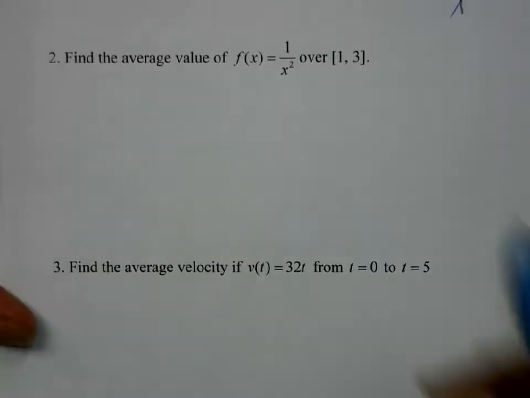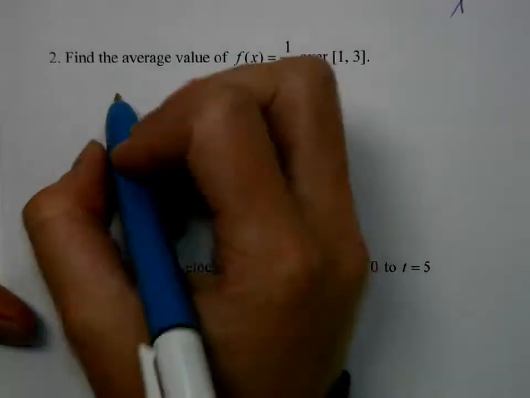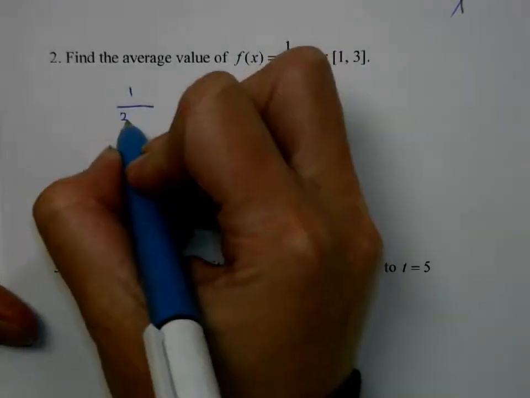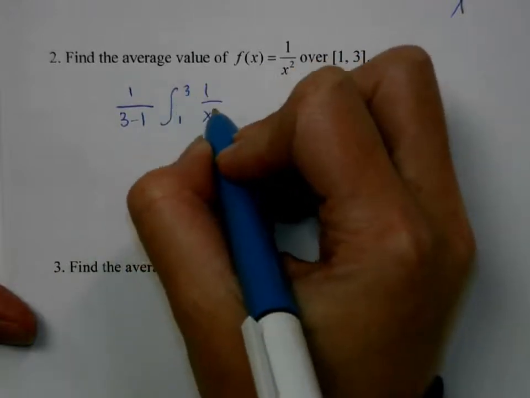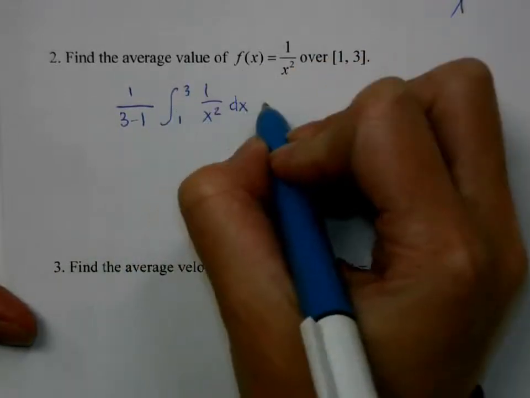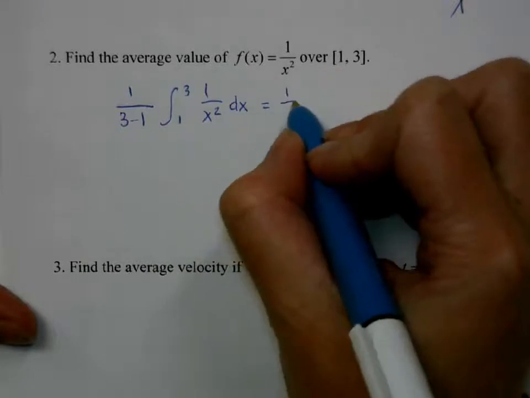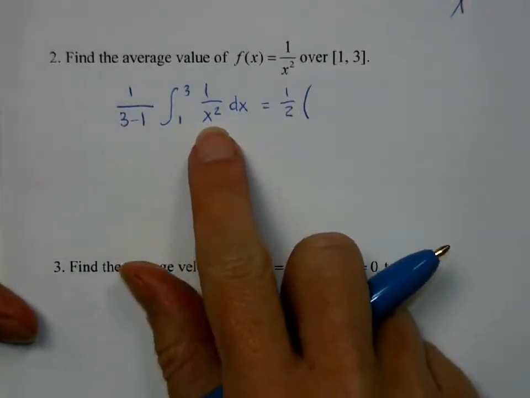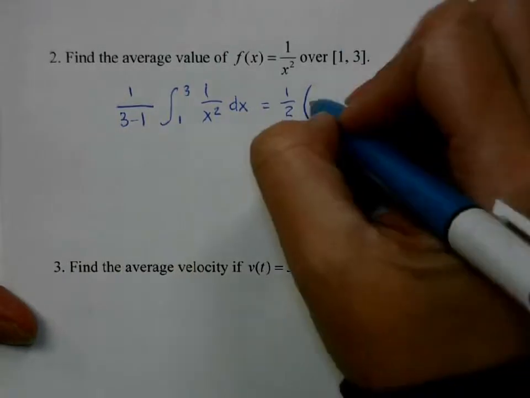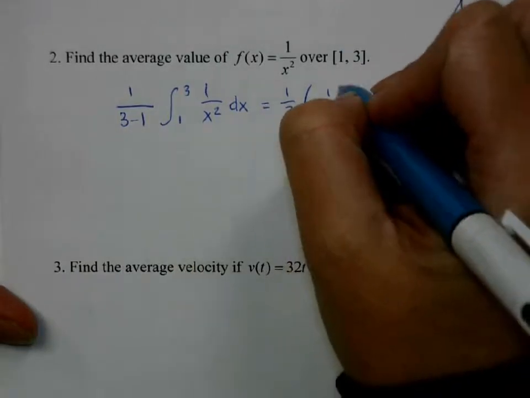Okay, find the average value of 1 over x squared from 1 to 3. So that's going to be 1 over 3 minus 1 times the integral from 1 to 3 of 1 over x squared. So this will be 1/2. The derivative of 1 over x is negative 1 over x squared. So the antiderivative of that will be negative 1 over x.